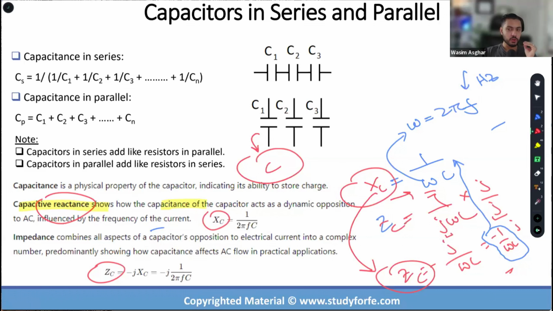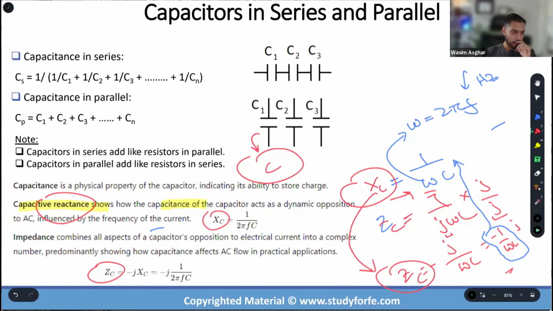So if we crank up the value of omega, what happens to X of C? What happens to the impedance? It is going to reduce, right? Makes sense, because it's inversely related. So the higher the frequency, the lower the impedance, the lower the reactance of a capacitor. And the lower the frequency, the higher the impedance, the higher the reactance.